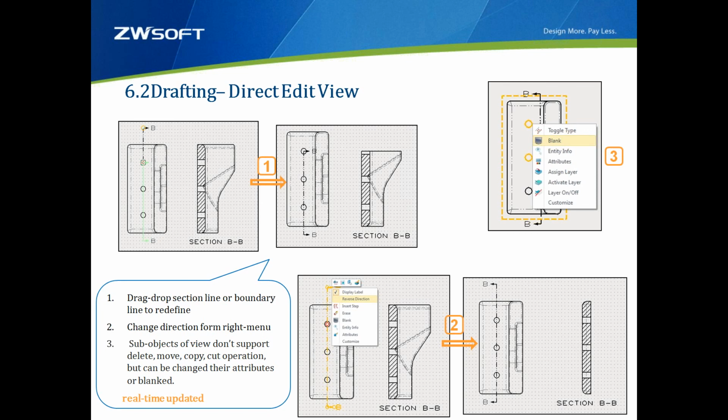Also, in the section view, the sub-geometry cannot be deleted. In the previous version, users could directly delete the sub-geometry in the views. But in the 2014 version, this sub-object can just be blanked or assigned to different layers.